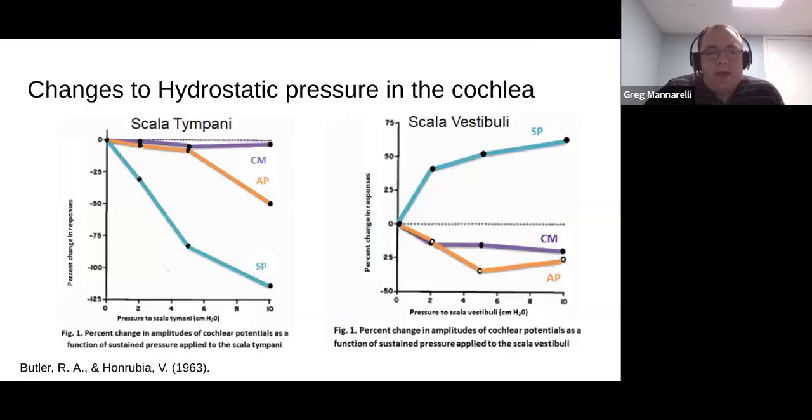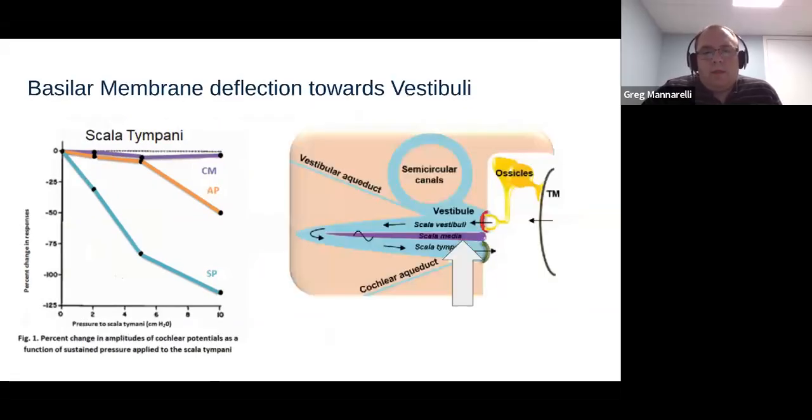This was an animal study, and they graphed out that as you applied increased pressure to the scala tympani, you generally saw decreases in your SP, and as you applied pressure to the scala vestibuli, we see the AP dropping and the SP increasing, which is a situation where we would see an increased SP/AP ratio.